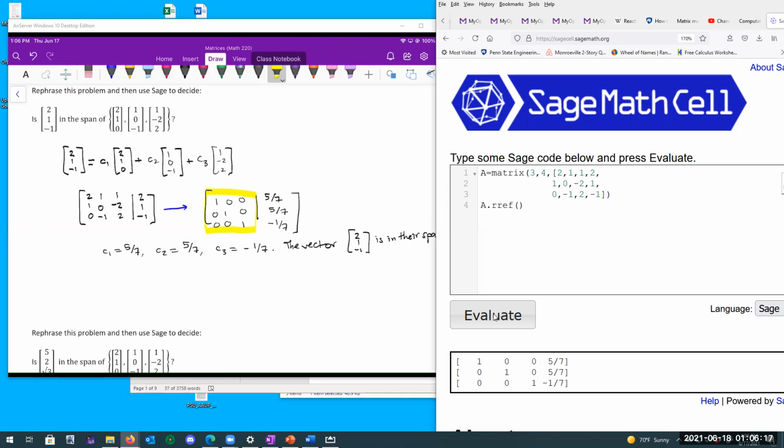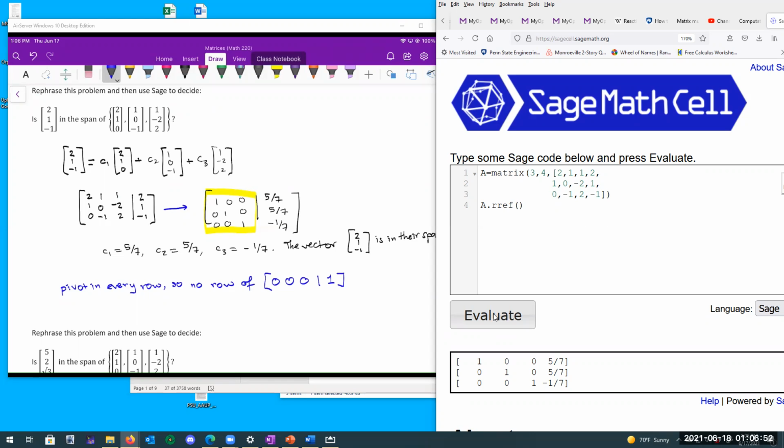If you see here, there is a pivot in every row here. So what this means is that it's not possible to have a row of all zeros left of the augment and a non-zero element to the right of the augment.